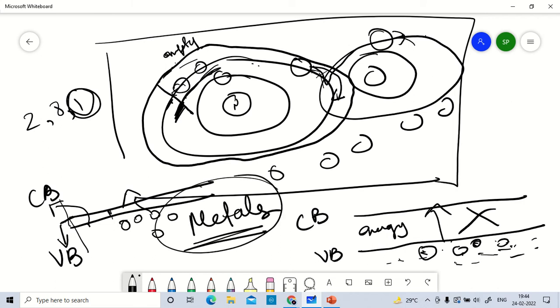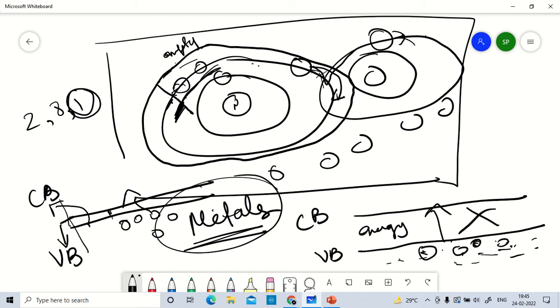Now if there is some gap between the conduction band and the valence band, then electrons in the valence band all remain bound and no free electrons are available in the conduction band. This makes the material an insulator. So if both of them overlap, or they have very little gap, so that minimal energy is needed and all the valence electrons are freely able to move to the conduction band, then we call them metals.